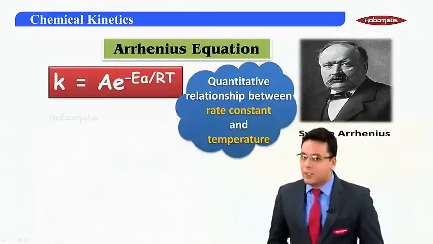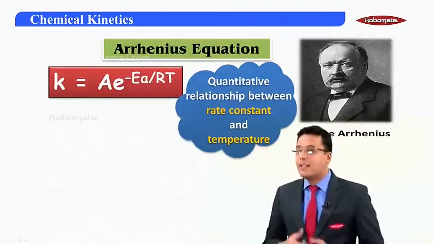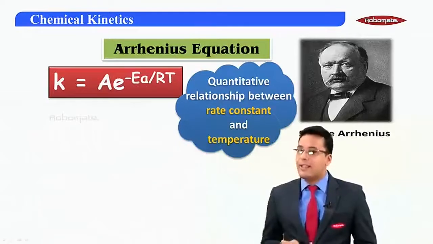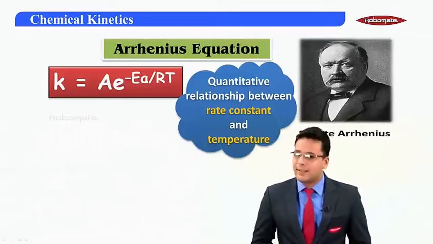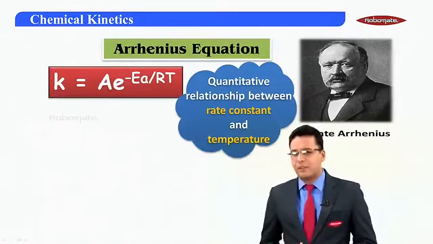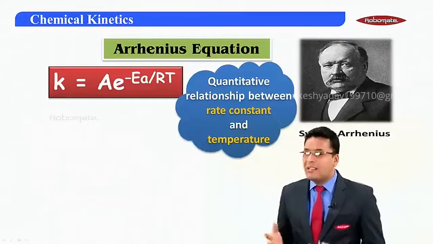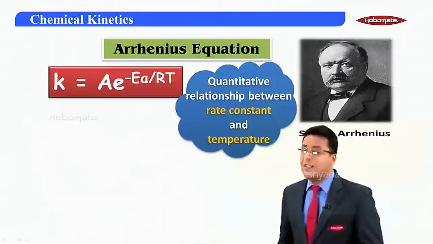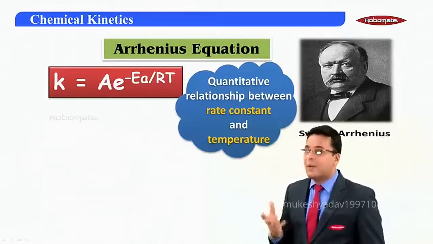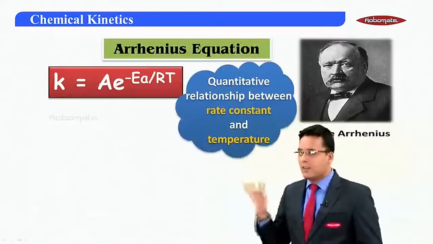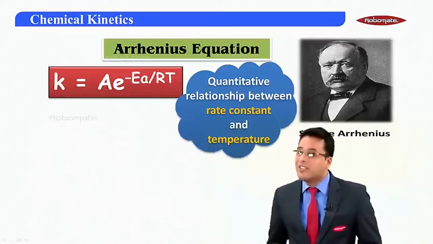K is equal to A into e raised to minus EA upon RT. The first question that will come to your mind when you see this equation is how on earth did we derive it? But the answer is that Svante Arrhenius did not derive this equation.